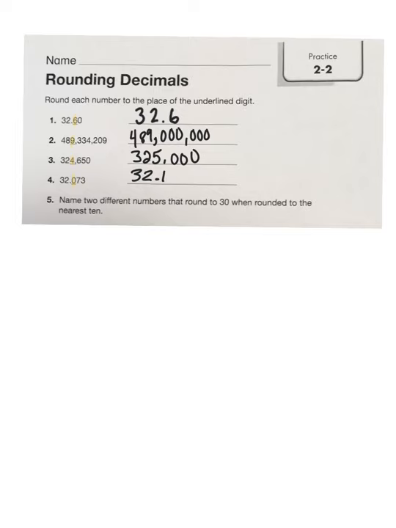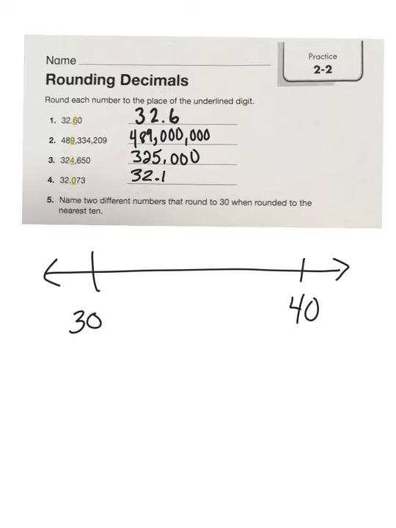Number 5, name 2 different numbers that round to 30 when rounded to the nearest 10. So if you picture your number line, here's 30 and here's 40. You can either round up to 40 or round down to 30.